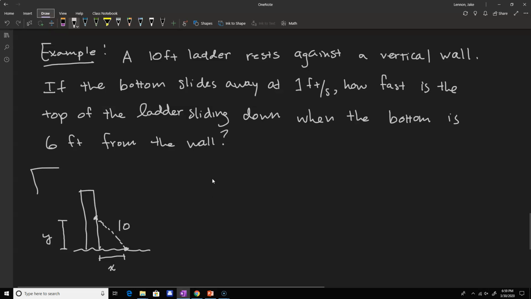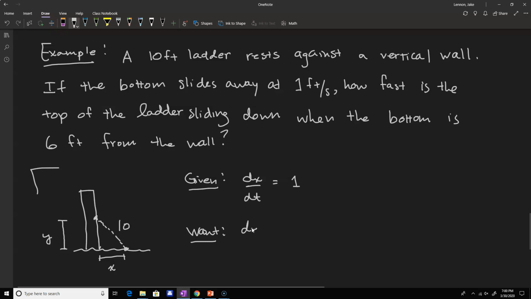So what are we given? Well, we're given dx dt is 1. What do we want to find? Well, we want to find dy dt when the bottom is 6 feet from the wall. So that's when x is equal to 6.